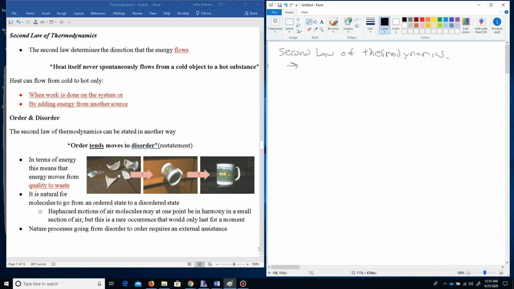This is based on the direction that energy tends to flow. This "tends to" is actually kind of important here. All right. Heat itself never spontaneously flows from a cold object to a hot object.